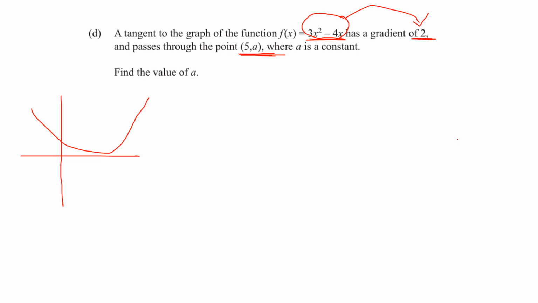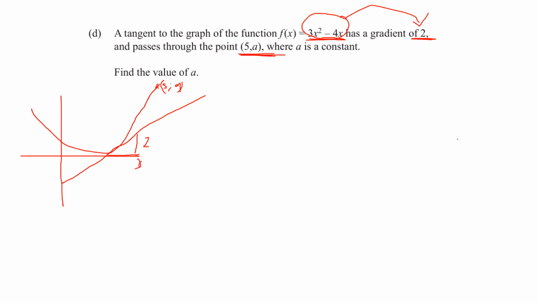Let's say we've got a gradient here. At this point, our gradient is 2. And we're also noting that there's another point up here. This point is (5, a), and we don't know what a is. This is what this question is saying, and this is what you need to be able to visualize.